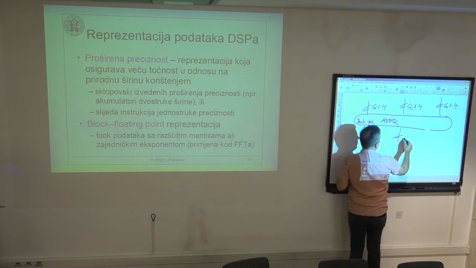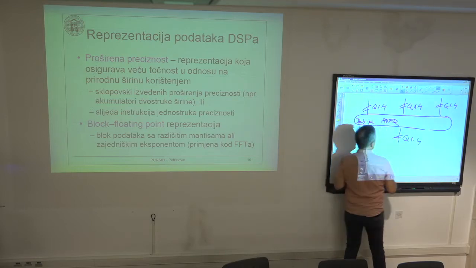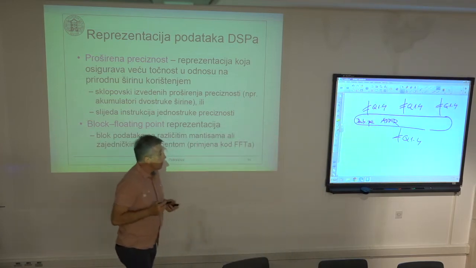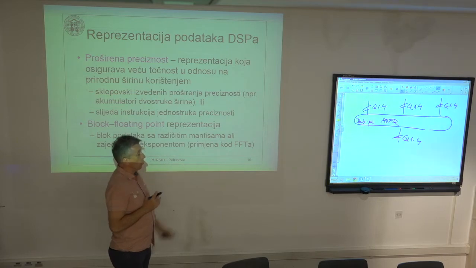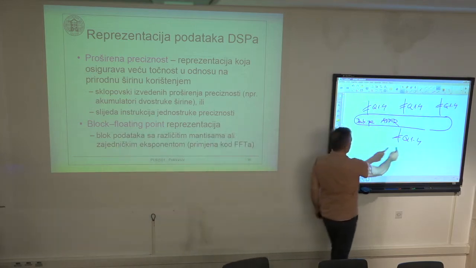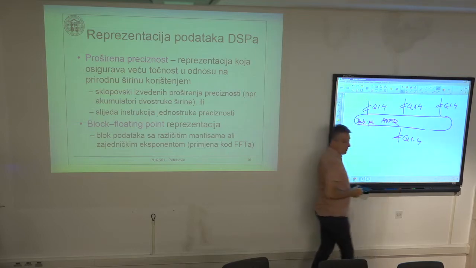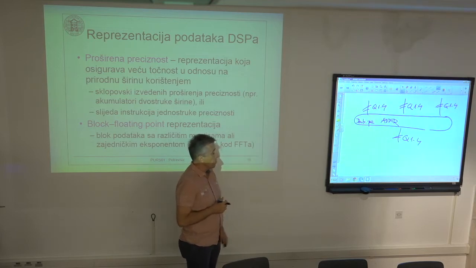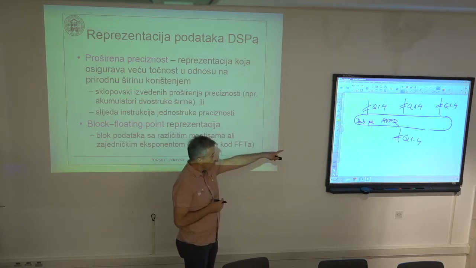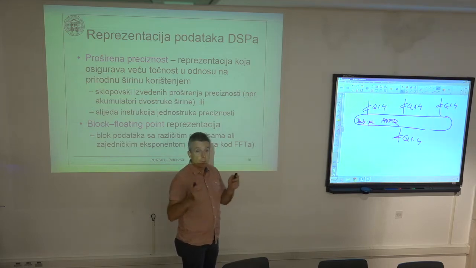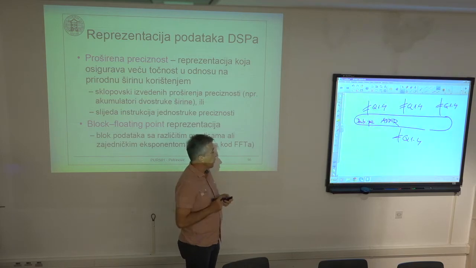So the result would be Q1.4 again. But there is also one problem here. If I have these multiple products, 1, 2, 3, or whatever, 100 products, there is a risk that these products do not fit anymore the fixed width of this adder. So this adder has a fixed width of, in this case, 5 bits or 6 bits, doesn't matter. If I have too many such products, this sum does not fit into the width of the total accumulator.